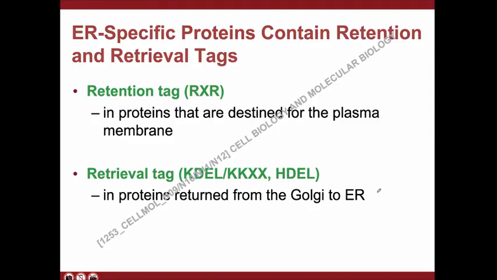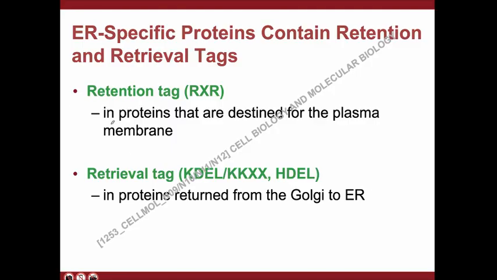For example, for protein composition in the ER, if they need to be retained or maintained within the endoplasmic reticulum, iba din yon. Iba rin yung protein tag na kailangan for those destined for plasma membrane. Iba rin yung for Golgi to ER.